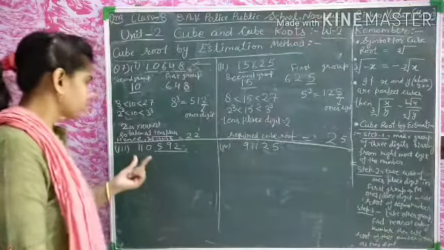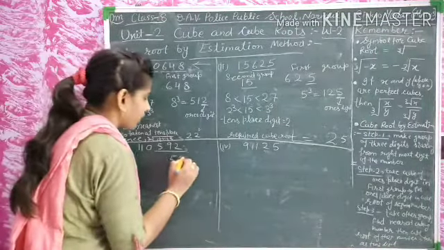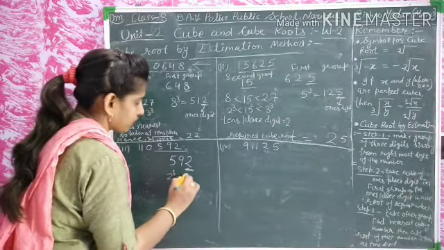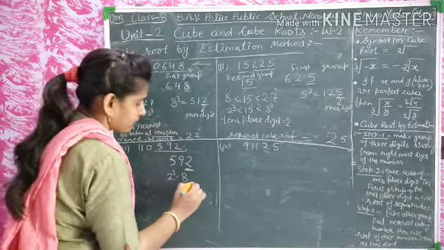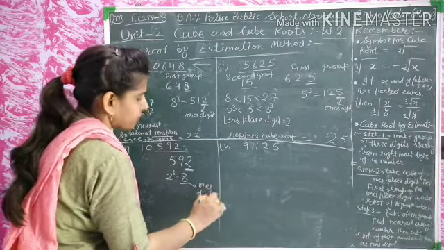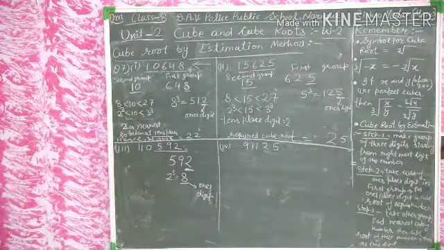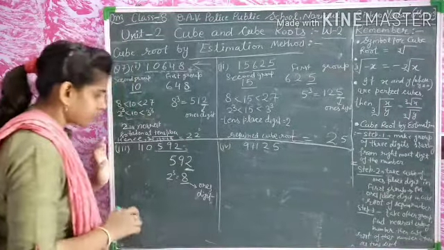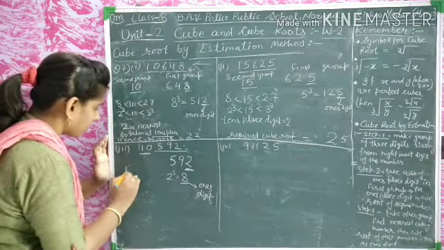There is the number 592 and its ones place digit is 2. So 2 cube is equal to 8 and this will become the ones digit. Now, there is 110.